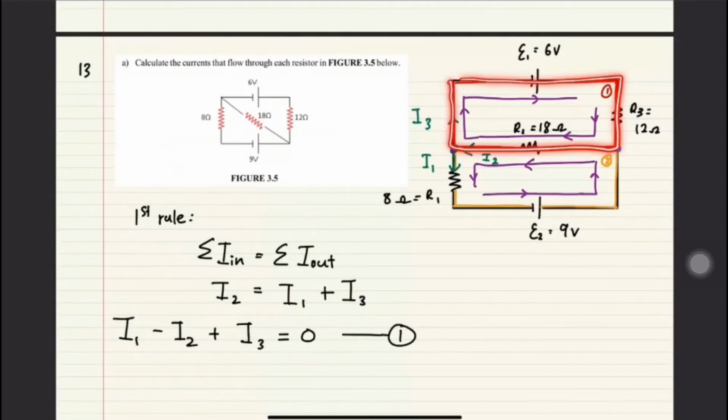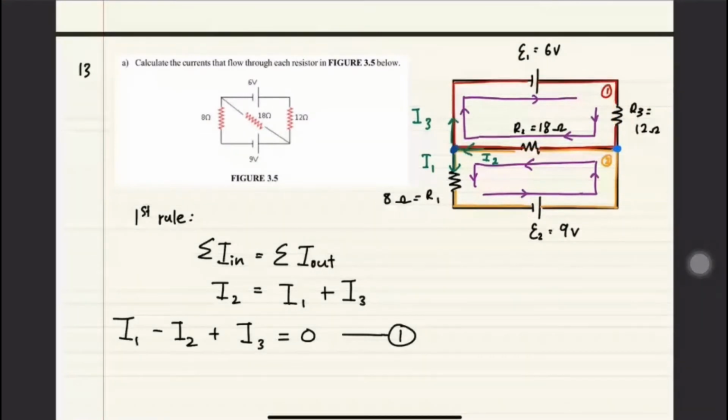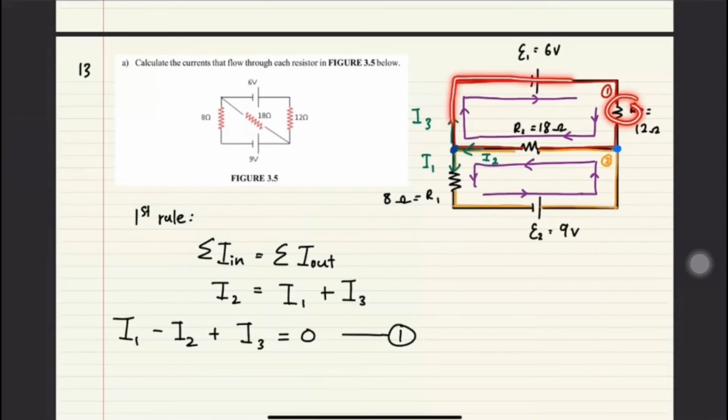There is 1. How many resistors? There are 2. Yes, very good. Okay, so now you want to determine, there is epsilon 1. Then you have R3 that corresponds to I3. Basically this R3 just carries the same current because there is no junction. And then R2 corresponds to I2.